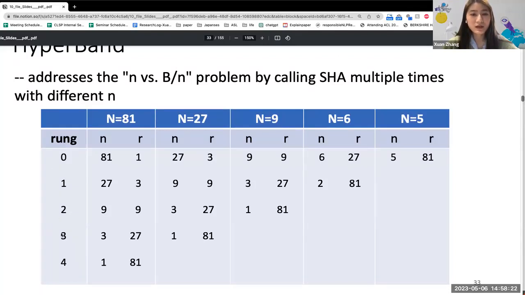Each column here represents one successive halving run within hyperband. For instance, when there are 81 initial configurations, each configuration is allotted one training resource before being cut, and only one of them can run for 81 training periods. On the other hand, when there are 5 initial configurations, each can run for 81 training periods.